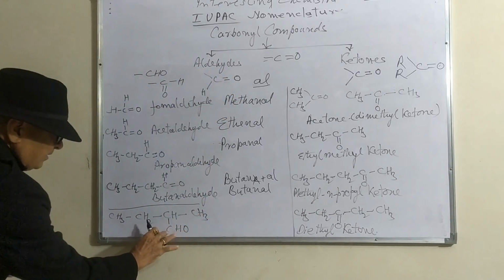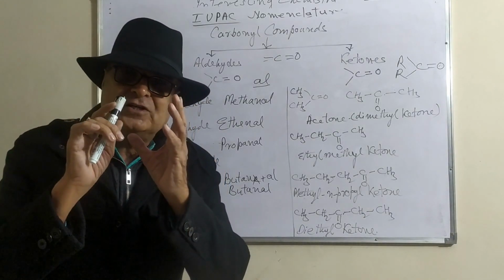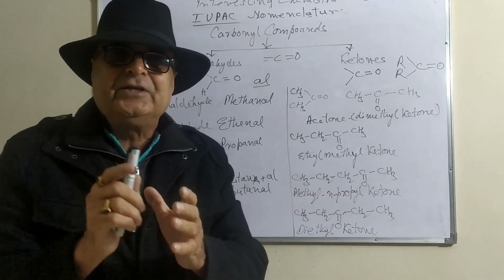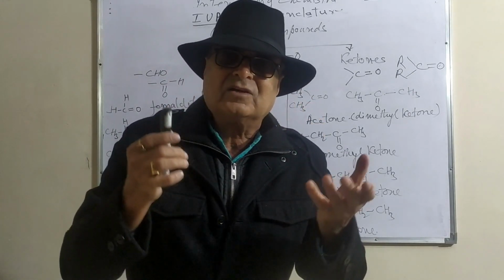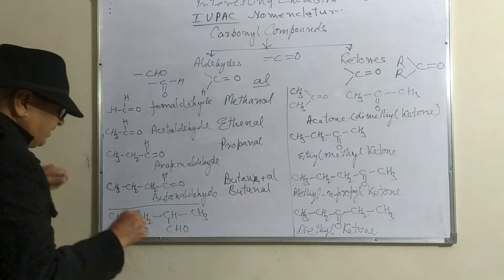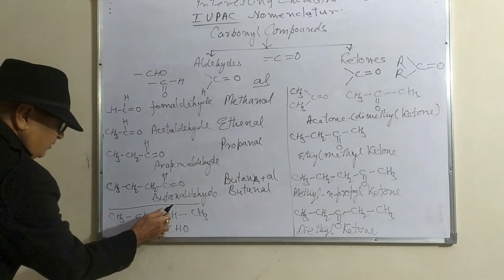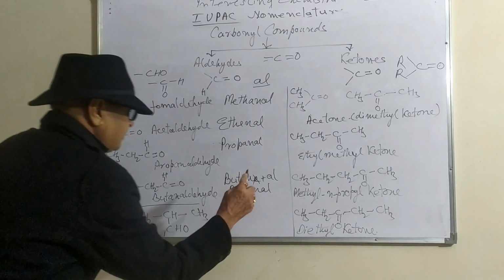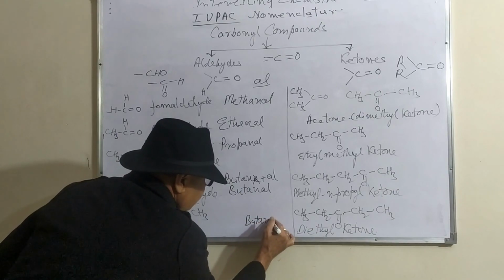From this carbon, the carbon of the functional group, you will have to start the numbering or counting. This is the functional group, so start the counting here and select the longest chain. Here 1, 2, 3, 4. So it is also butanal.